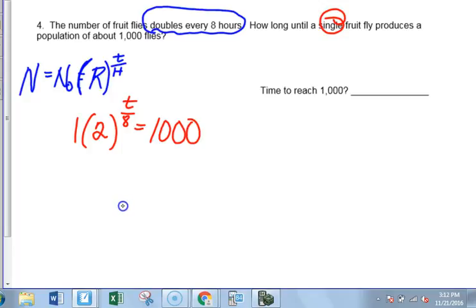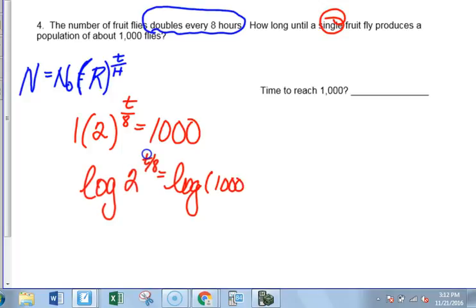So if we divide by 1, nothing happens, right? Then what? Some kind of log. Now the log of 1,000 is actually, anybody know? How many zeros? 3. It would be 3.